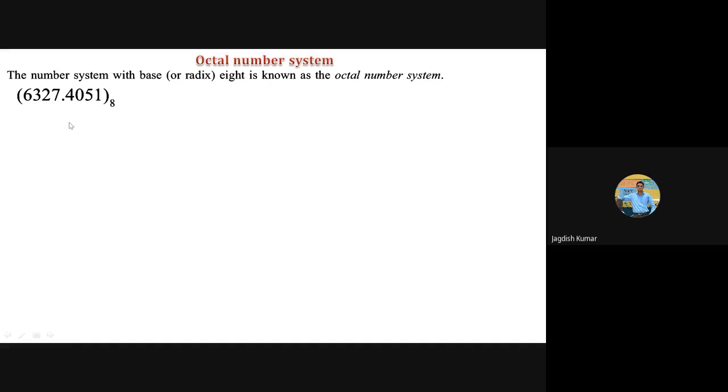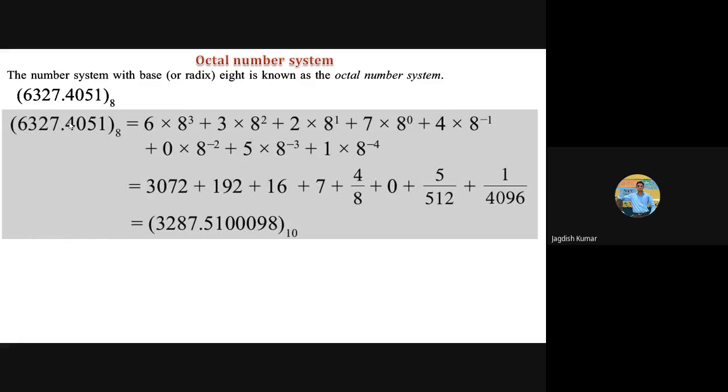So how will this number be converted to the corresponding decimal equivalent? Here is the rule. This is the radix point, and the weight here is 8 raised to the power 0. The weight for this is 8 raised to the power 1, for this 8 raised to the power 2, and here 8 raised to the power 3.